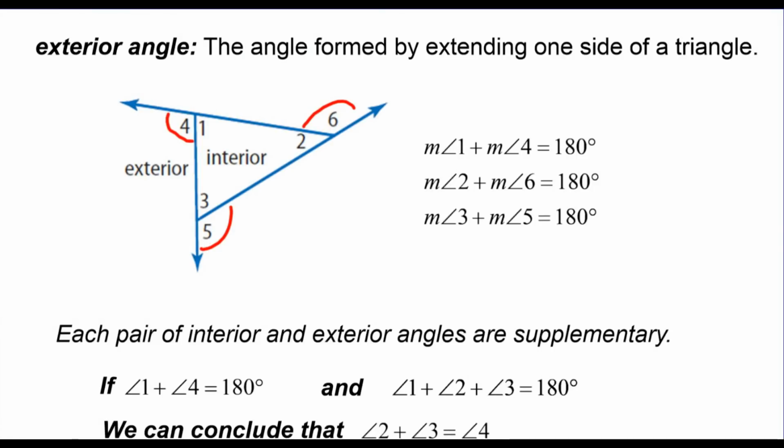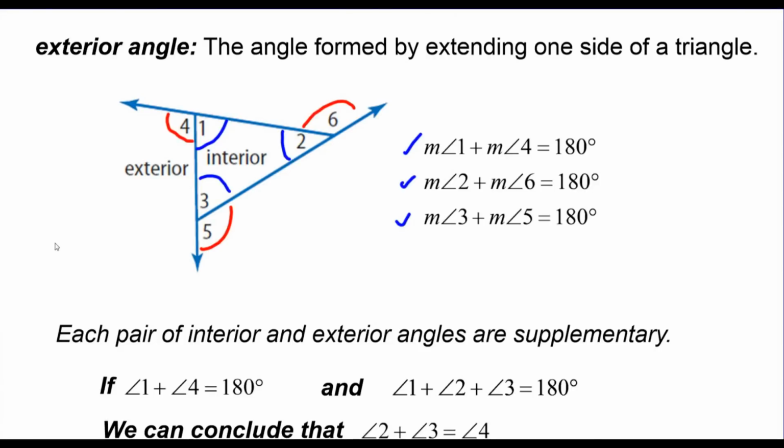So in this diagram, angle 1 plus angle 4 is going to be 180 degrees. Angle 2 plus angle 6 is going to be 180 degrees. And angle 3 plus angle 5 is going to be 180 degrees. Well, that's all well and good. And how does that help us? Well, if we remember our angle sum, I know that angle 1 plus angle 2 plus angle 3 is 180 degrees as well.